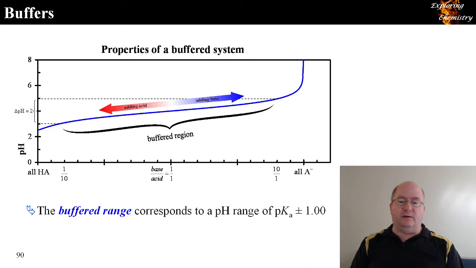What we were able to show was that the buffered range corresponds to the pH range of the pKa plus or minus 1. At the half equivalence point, the midpoint, where the base to acid ratio is 1, the pH is equal to the pKa. And that region from 1 to 10 to 10 to 1, those ratios of base to acid, gives a plus or minus 1 around the pKa value.